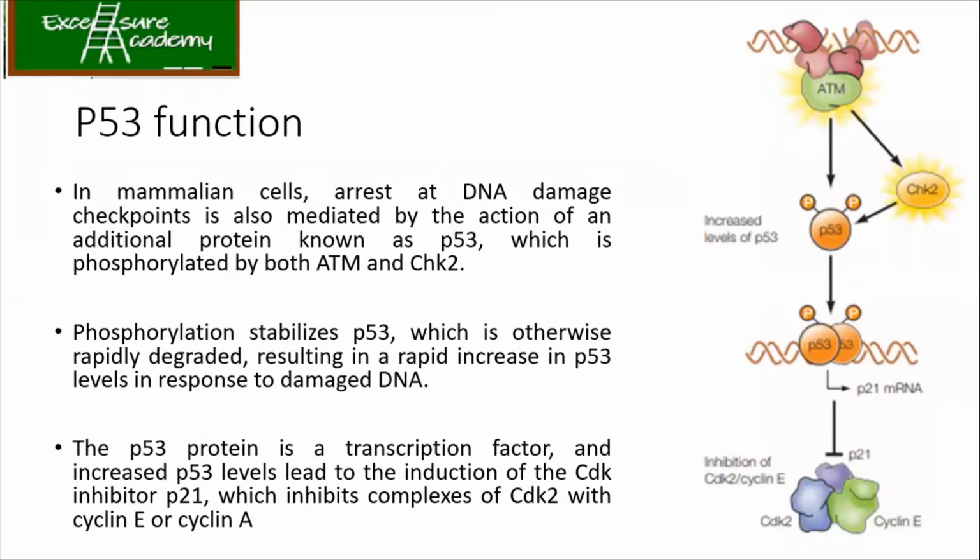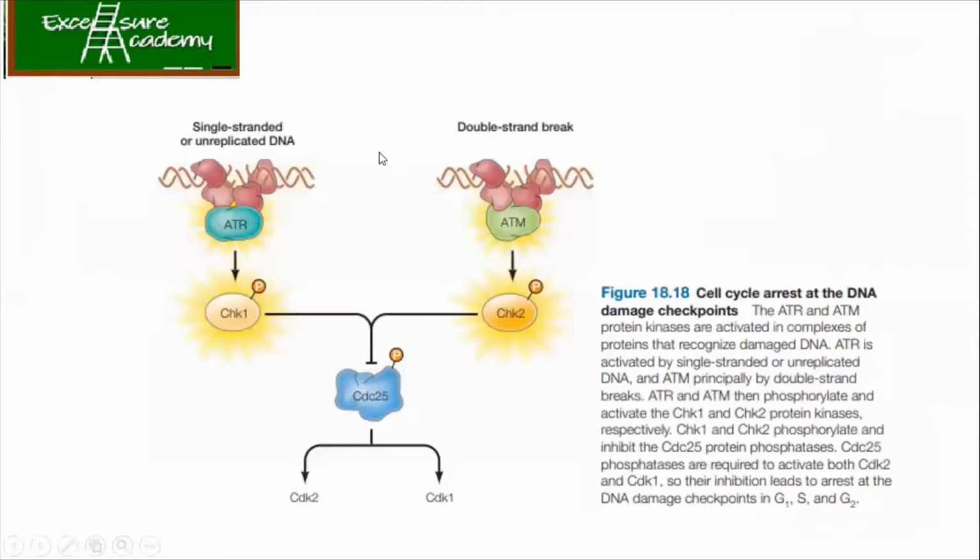Ma'am, the last point I didn't understand, CDK1 and CDK2 inhibition. Okay, see, this much is clear to you, like how Chk1 and Chk2 are getting activated. If there is single-stranded damage, ATR gets activated. If there is a double-stranded DNA break, ATM gets activated.